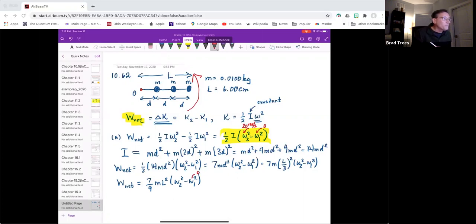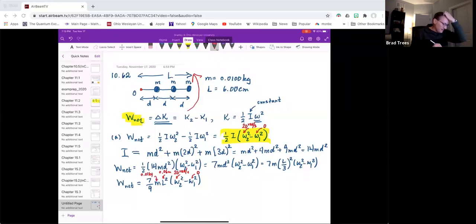Omega 1 is 0. Omega 2 is 20 radians per second. The L, gotta be careful, my number here is 6 centimeters, so I have to enter that as 0.06 meters. And each m is 0.01 kilograms.